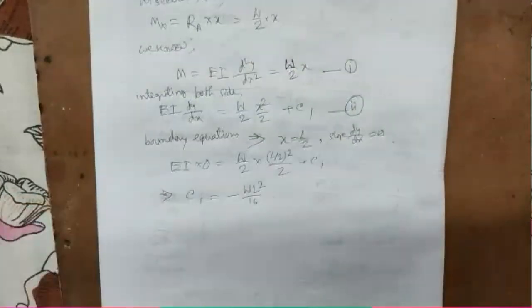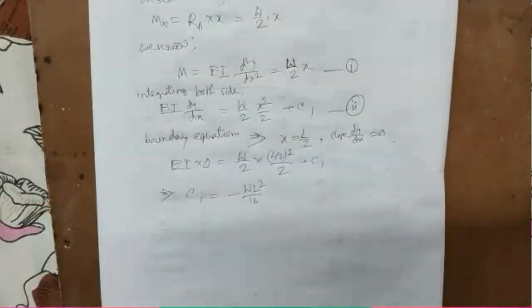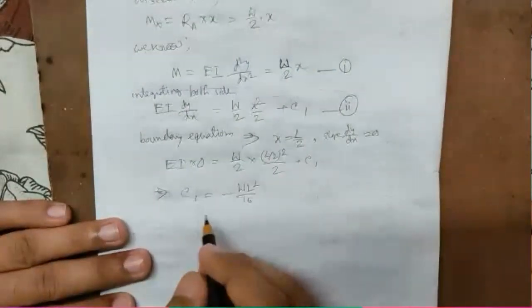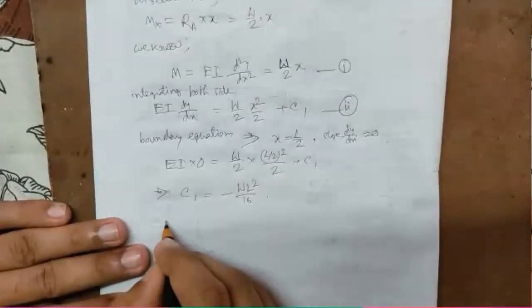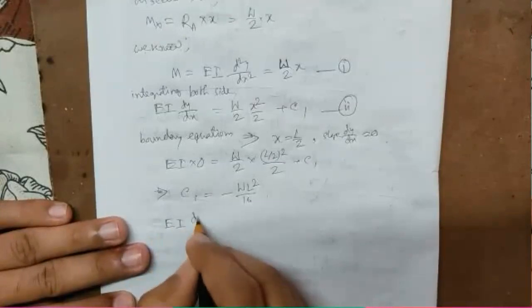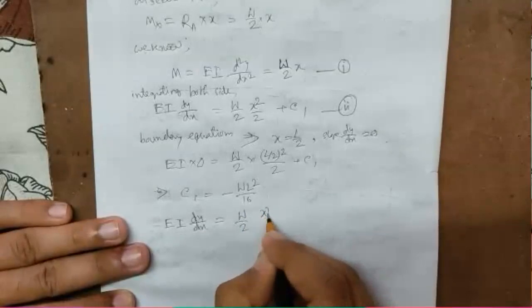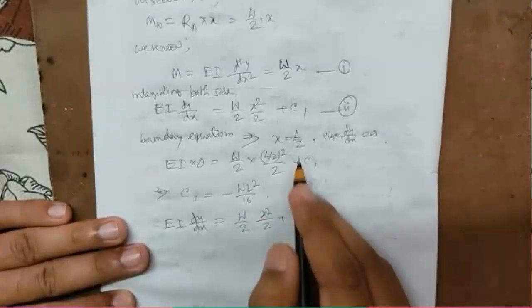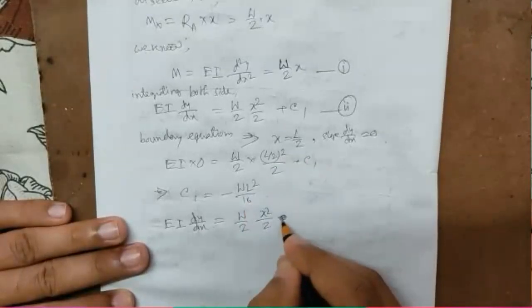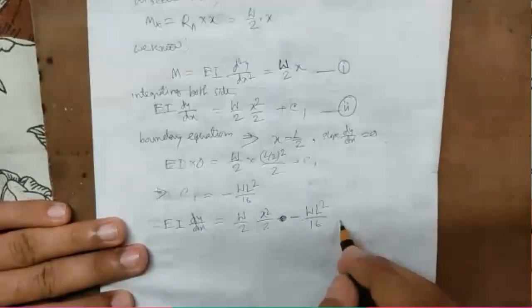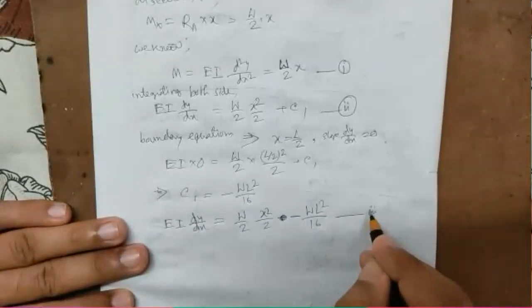If we put the value of C1 in equation number 2, we will get the general equation. We get EI dy dx is equal to W by 2 into x square by 2. Sorry, C1 is negative, so this is minus WL square by 16. So this is the slope equation for the problem.